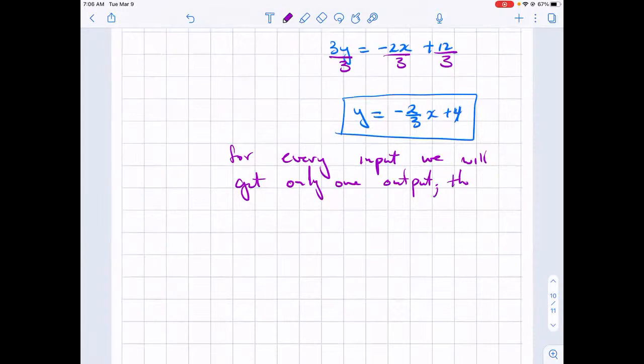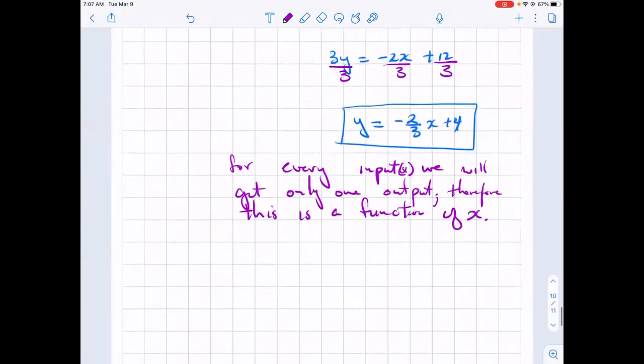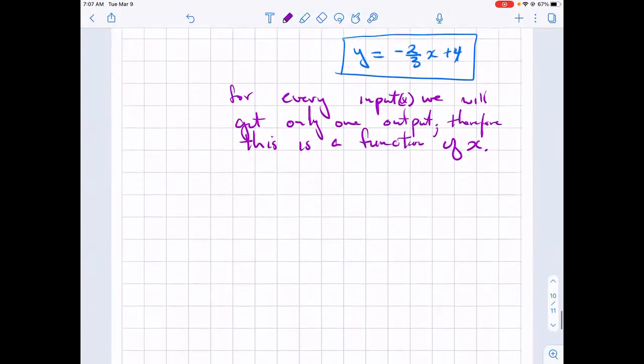Therefore, this is a function of x. For every input, and I want to say x value, okay? For every input x, we will only get one output y. Okay? Let's look at another example.